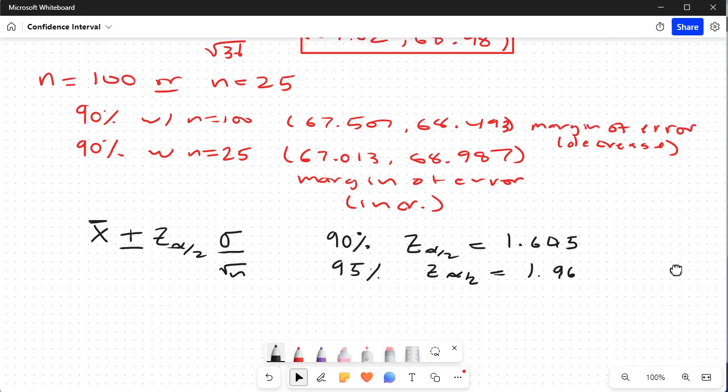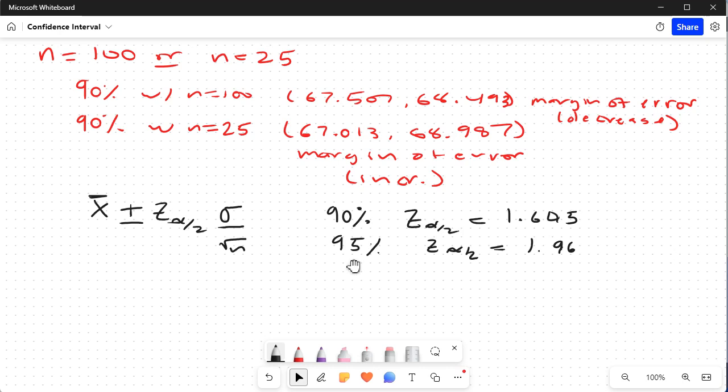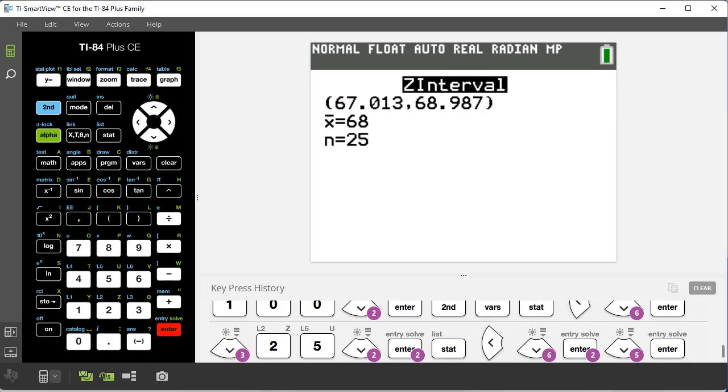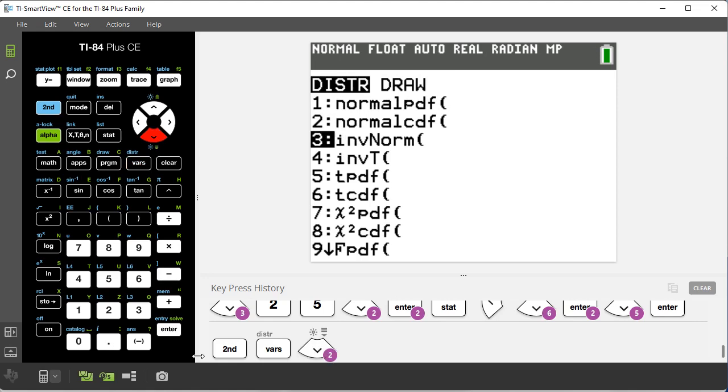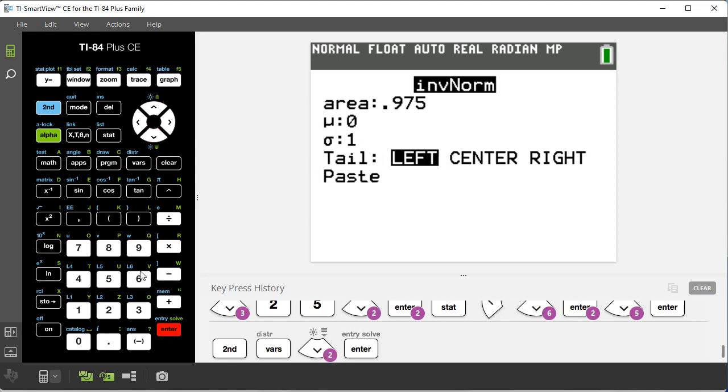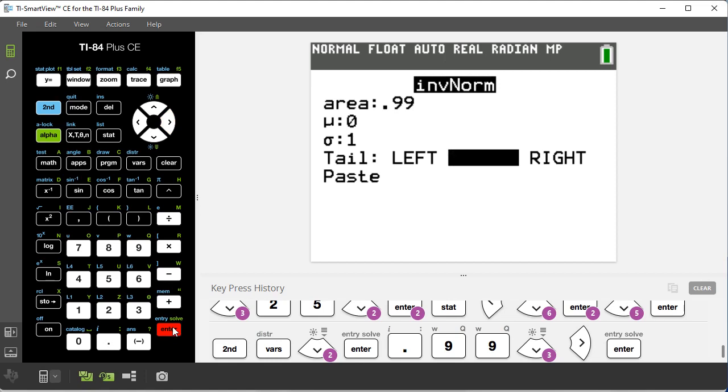Well, if we looked at a 99% confidence rate, then what you could do is press second vars and go to inverse norm, and instead of using left, we can just tell the calculator to center the region so that we have the symmetrical negative critical point and positive critical point.